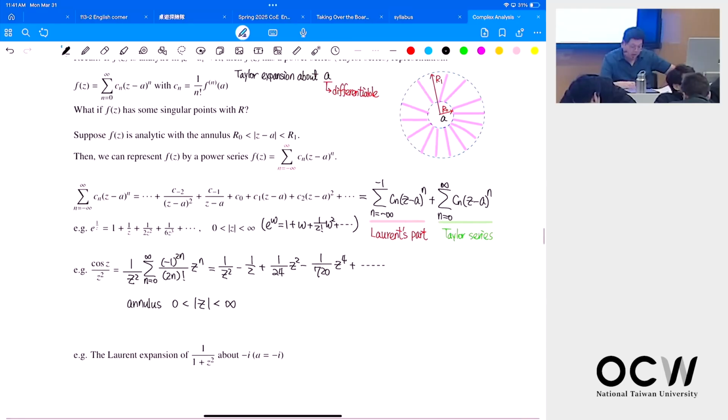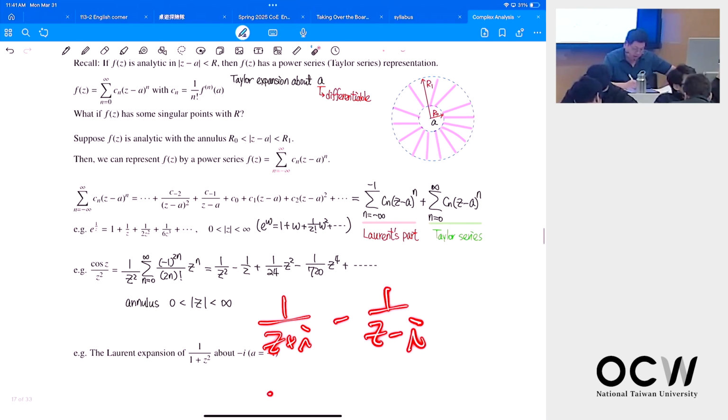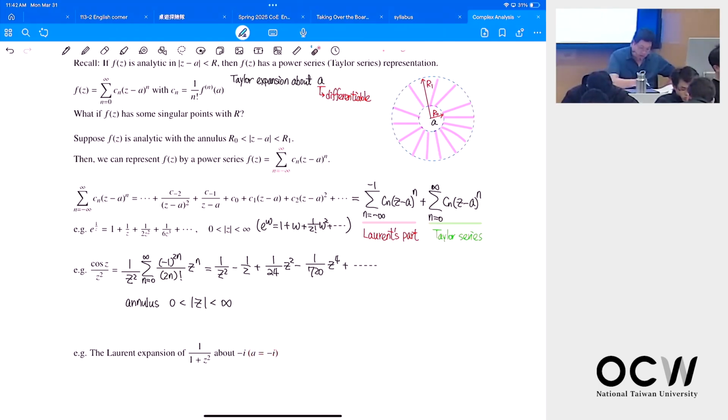Now if I want to have an expansion of this function about minus I, like a is equal to minus I, here 1 over 1 plus z squared, you'll get z plus I and also z minus I. Now I want to expand that about minus I, but here I have a singularity. Once I have a singularity, how can I expand this function? Let's see.